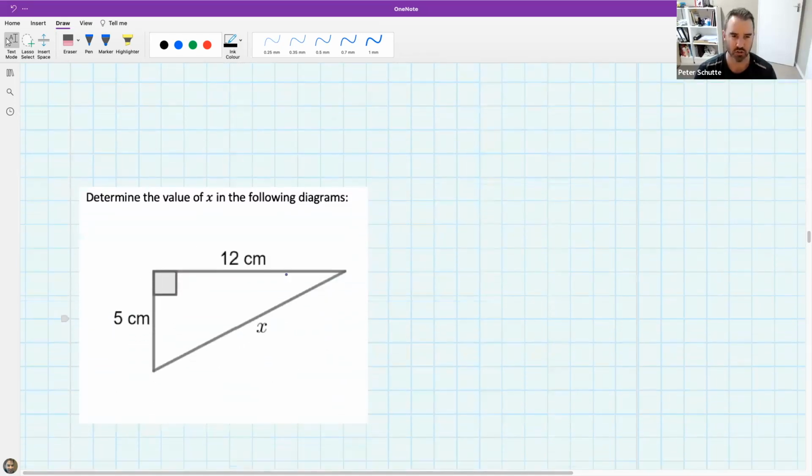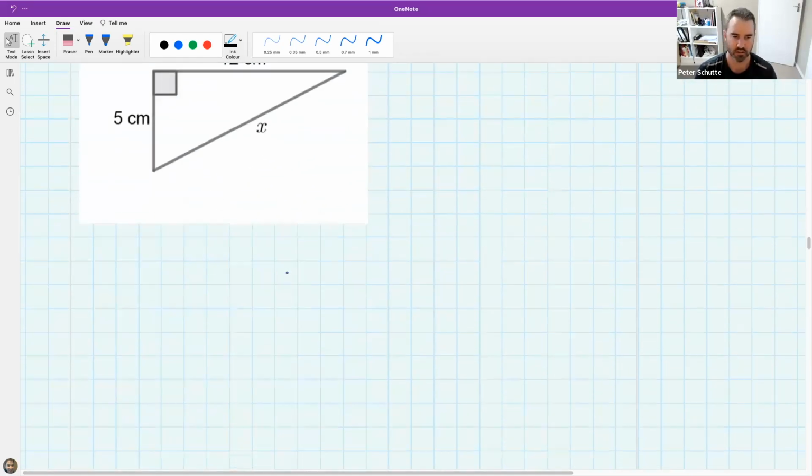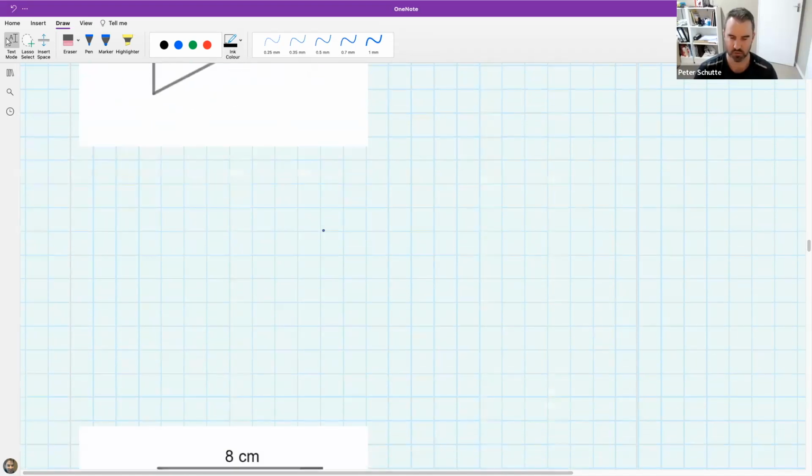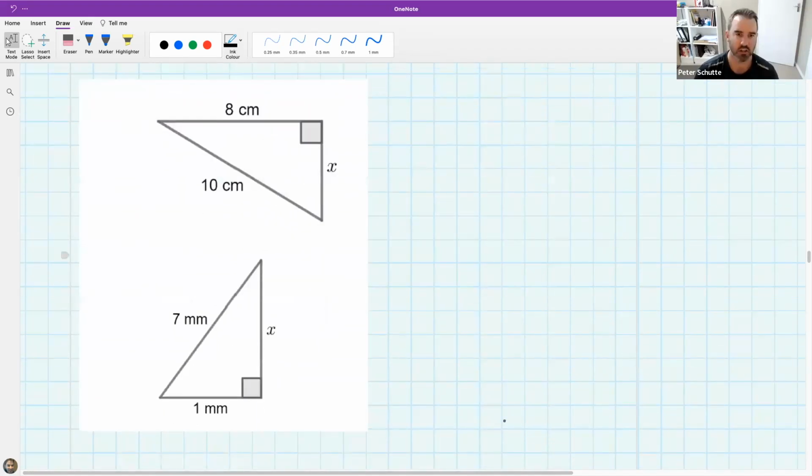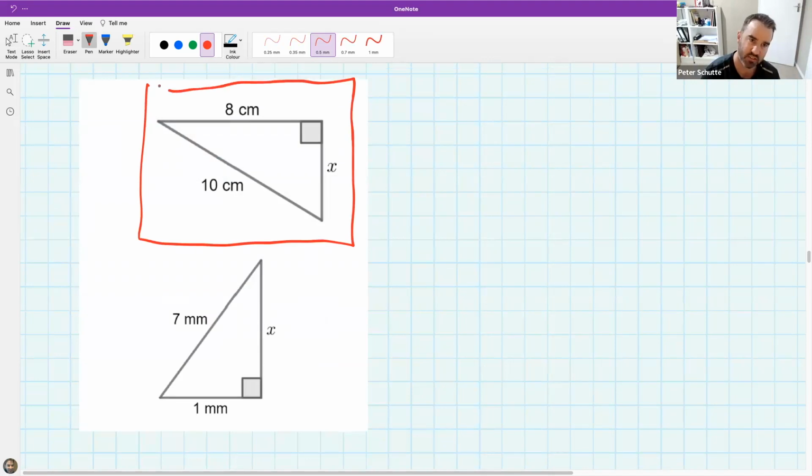Let's go to another one, a little harder than that one. I want you to do this one over here for me. Find me the value of x in this triangle using the theorem of Pythagoras that we just wrote about.